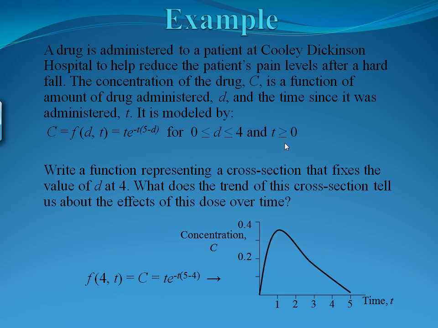We want to write a function representing a cross-section that fixes the value of d at 4. What does the trend of the cross-section tell us about the effects of the dose over time?